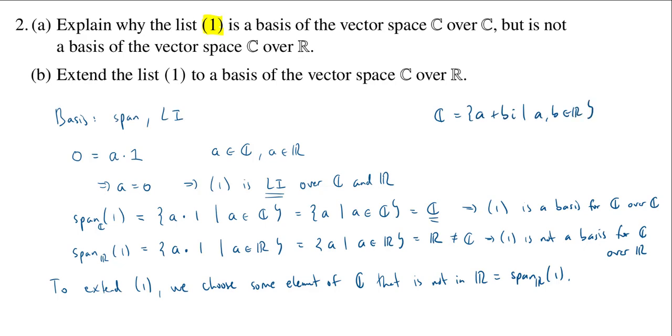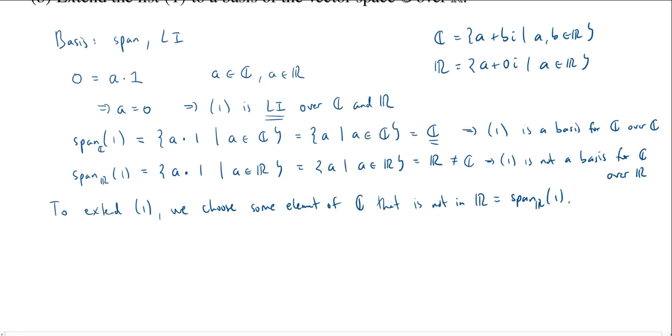So the real numbers are the ones where the b is equal to 0, right? We could actually write it this way, a plus 0i, where a is in the real numbers. So we just need now to take something that isn't of this form, a plus 0i, and now the easiest one I can think of is, let's make the a 0 and make the b 1, so that we're just taking i. So let's define a new list, 1, comma, i.